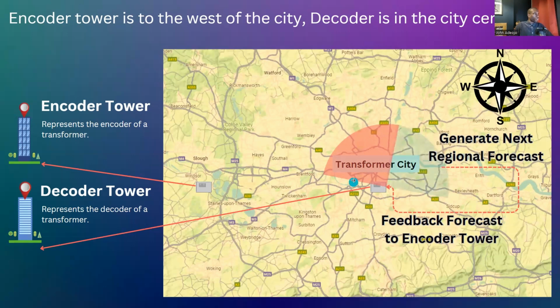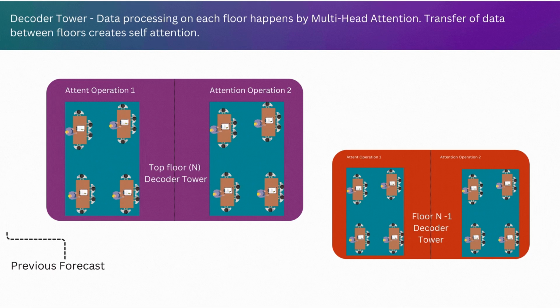So forecasts move from west to east. It's not observing any data. It's using the data that has been shared with it by the encoder and using its own forecast to generate more forecasts. So that's how the decoder tower works from a macro, high level perspective.